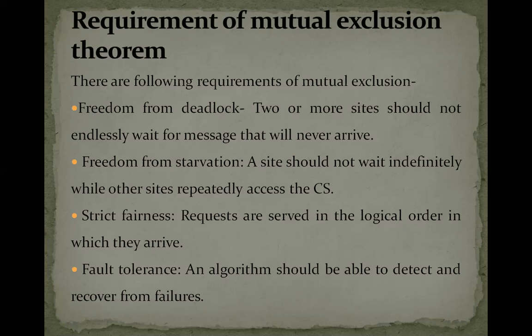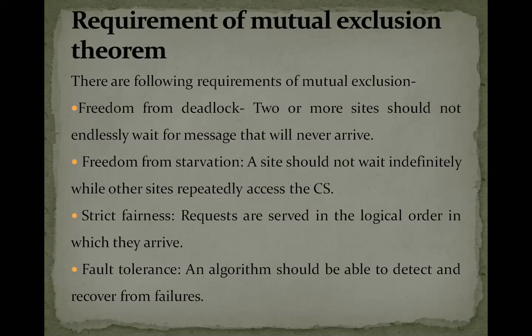But this method of achieving mutual exclusion in a distributed system requires 3 messages per critical section execution. One, the request message. Second, the privilege, or you can say acknowledge message. And third, the release message. This solution, which is called a centralized solution, has certain drawbacks also.